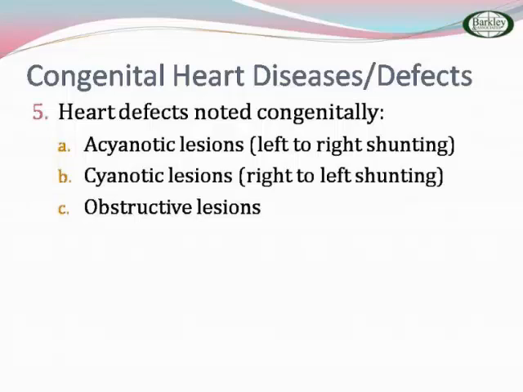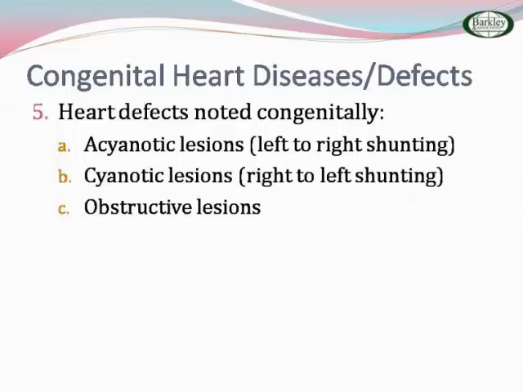Cyanotic lesions really do what? They bypass the lungs. So it's going to come from the lung side, shunt straight out to the system, and that's when you're going to get cyanosis associated with it. And then, of course, we're going to talk about obstructive lesions. So let's start off first with a couple of examples for acyanotic.